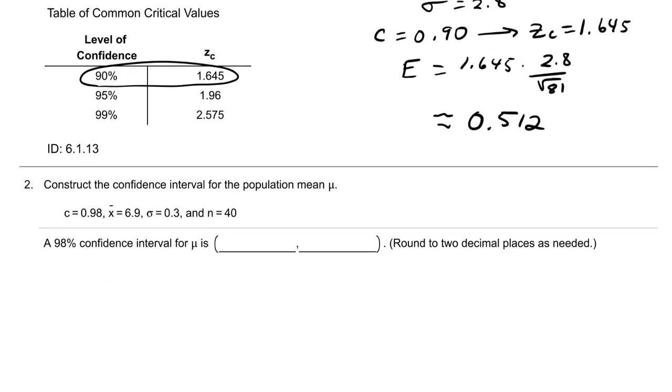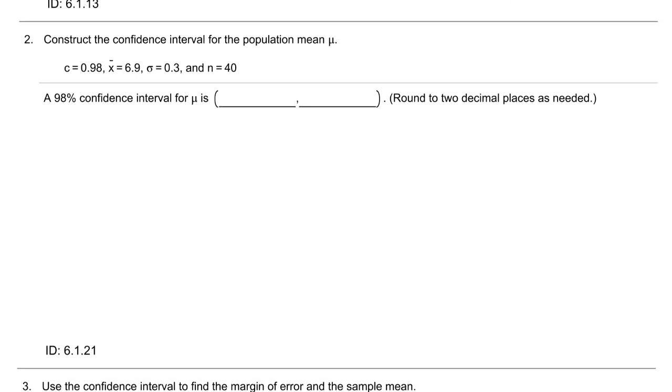All right, for number 2 here, construct the confidence interval for the population mean mu, given these values. Okay, again, we're just going to set up an interval starting at x bar minus e, the margin of error, and go up to x bar plus e, the margin of error.